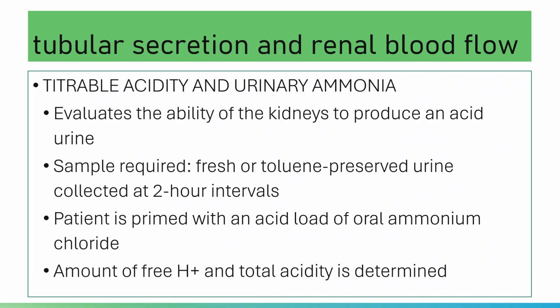Next is titrable acidity and urinary ammonia. This is utilized to evaluate the ability of the kidneys to produce an acid urine. Please note that the human body produces about 70 milliequivalents of non-volatile acids per day in the forms of sulfur-containing amino acids, phospholipids, as well as organic acids.